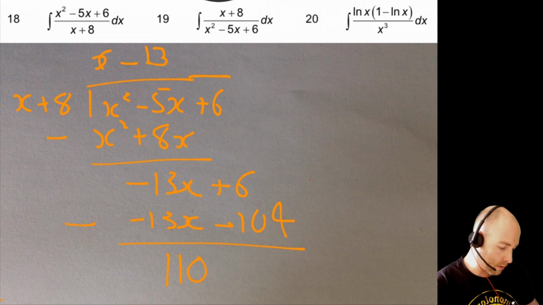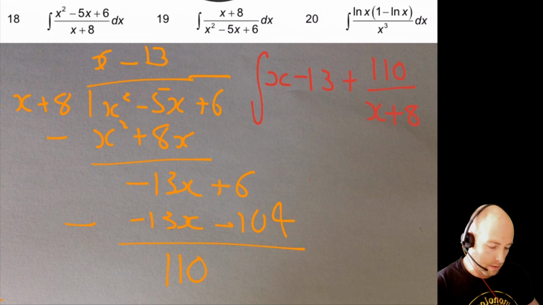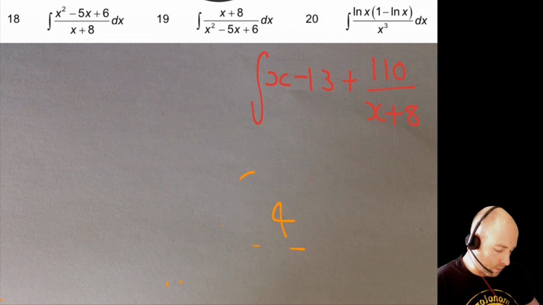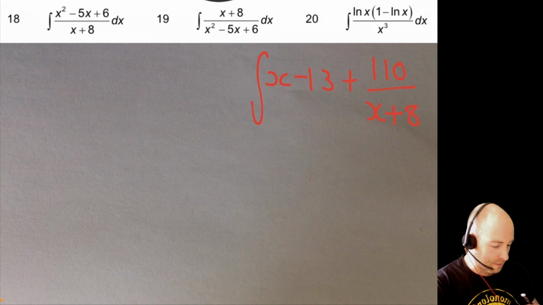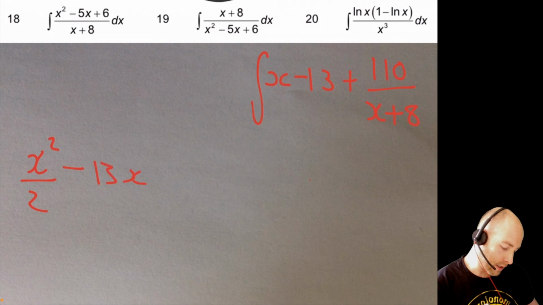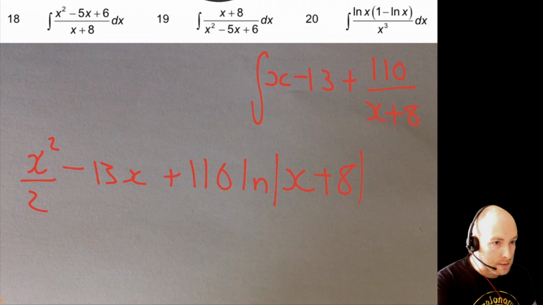So we're turning our integral into x take 13 plus 110 over x plus 8. And that's what we need to do an integral of. So x take 13 is going to go to x squared over 2, take 13x, plus 110 over x plus 8.